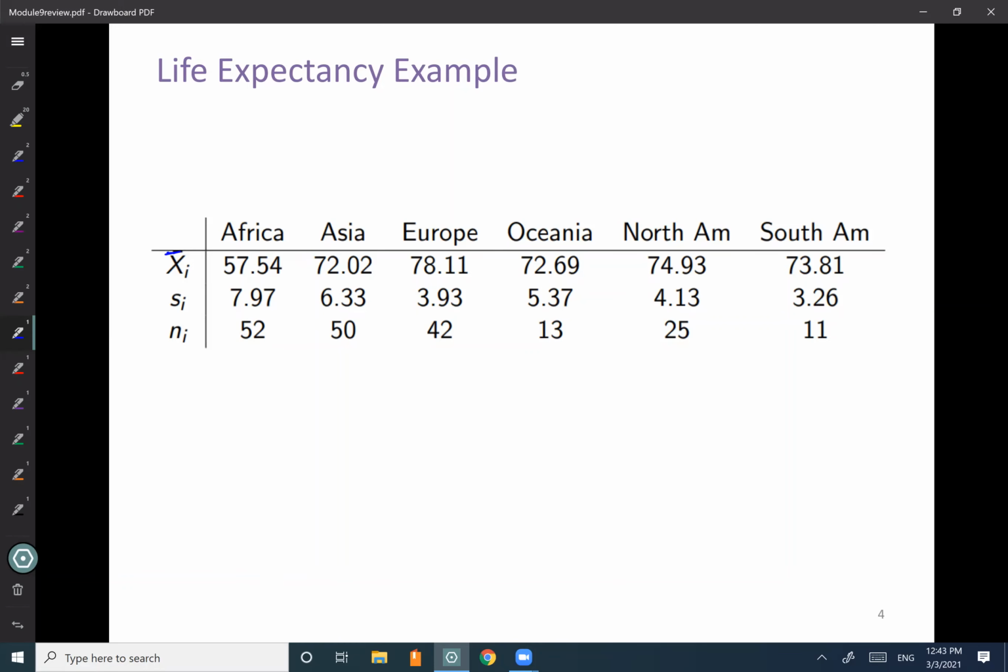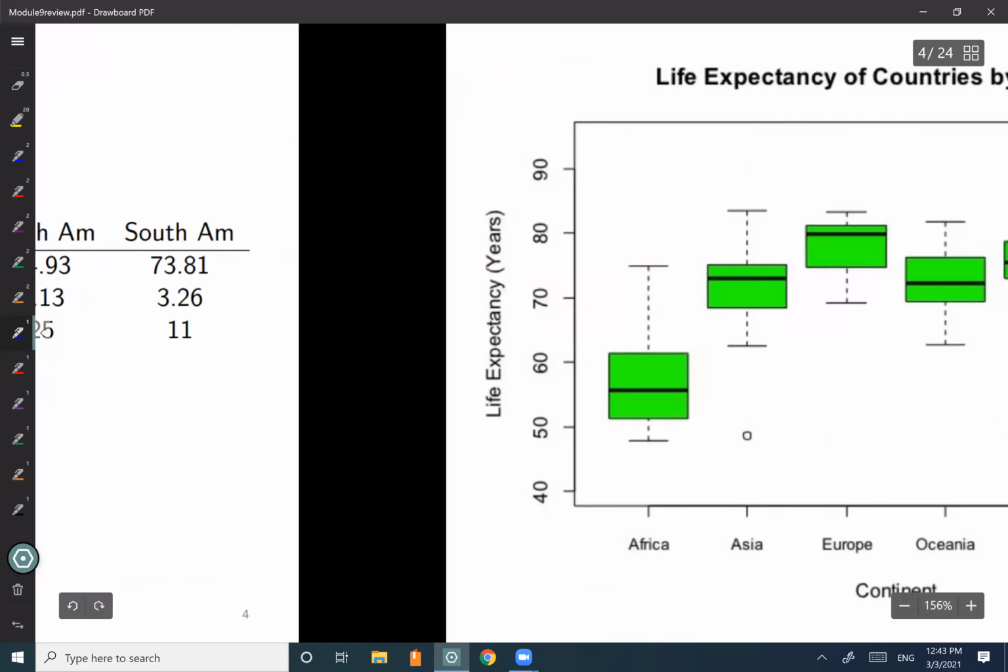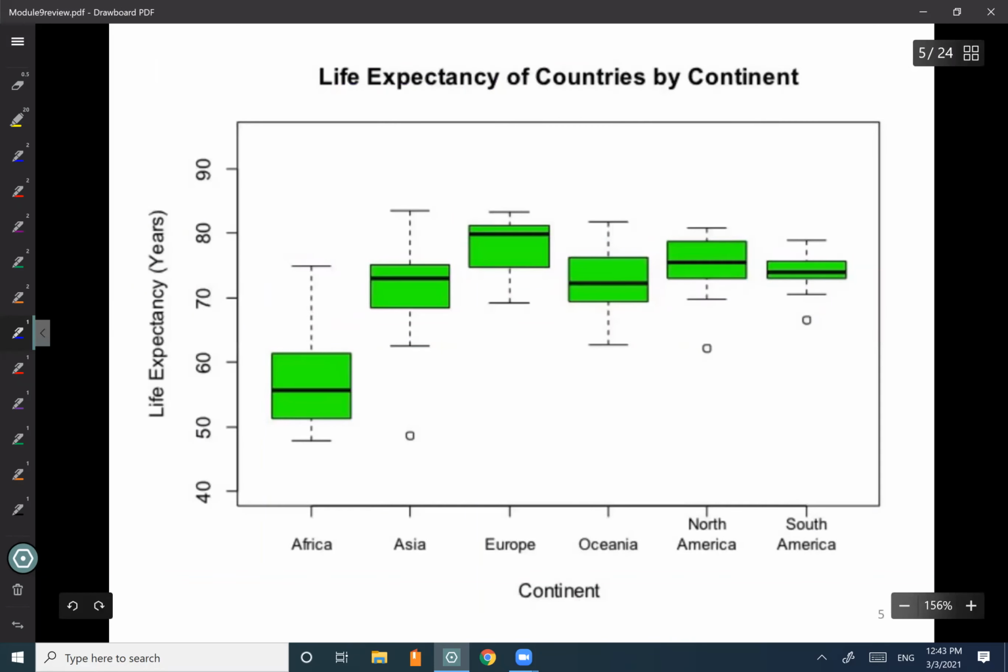So we can also look at the box plots for each of these continents and compare the differences in their averages. If you remember way back, box plots show the distributions. For Africa, there were 52 countries, Asia 50. There's an outlier, another outlier, another outlier.